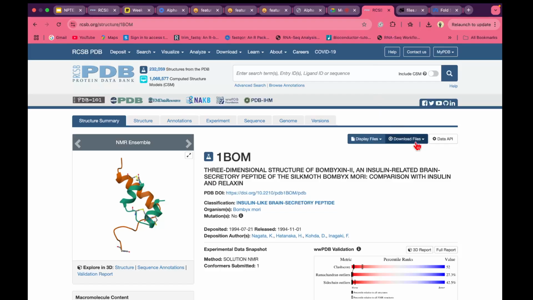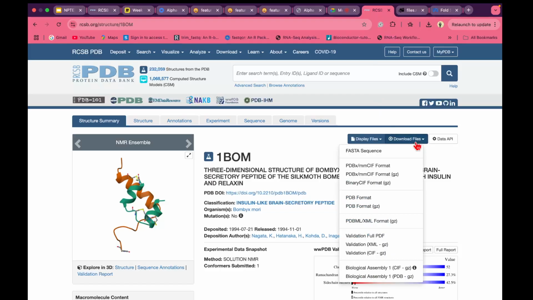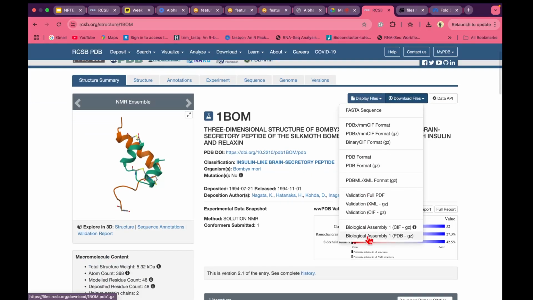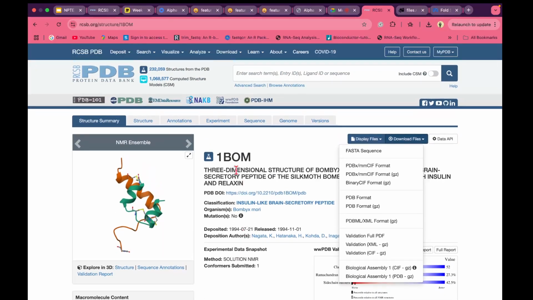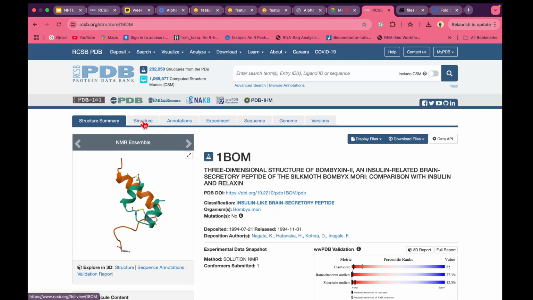Yeah, and also, sorry, I forgot to mention, regarding the download, PDB allows you to download in FASTA format, PDBx or mmCIF format, which is another format, visualization formats, and you also have PDB format, validation format, and biological assembly format. And PDB also has different tabs for structure, annotation, experiment, sequence, genome, and versions.